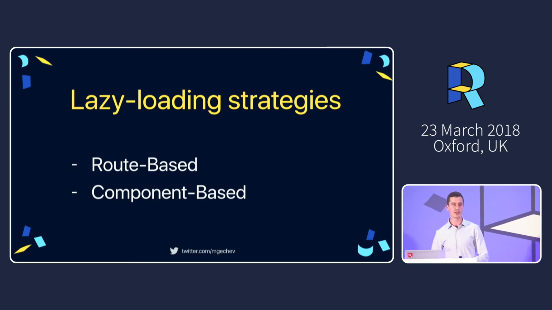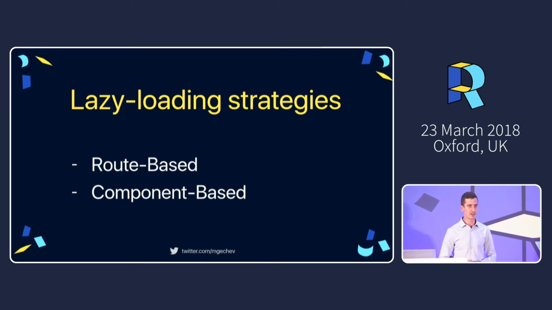We have route-based code splitting, where we split our application's JavaScript based on the route transitions. So each individual route in our application, each individual page, has its own small chunk of JavaScript.